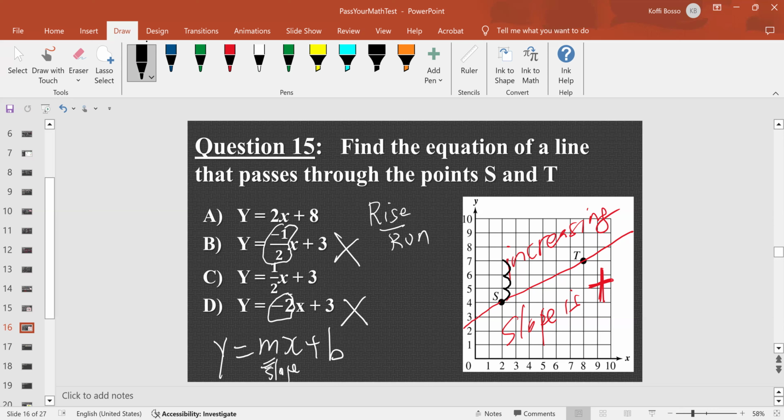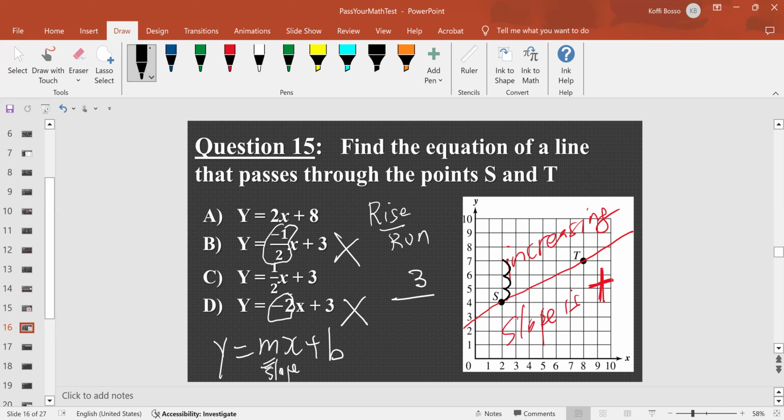I move up 3 units from point S to reach the same level as point T. So up 3 means the rise is 3.